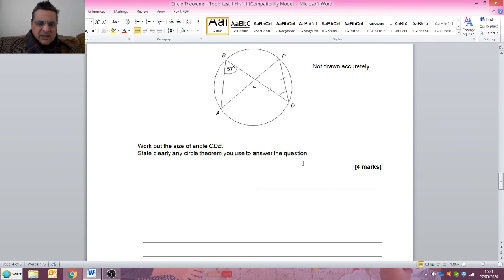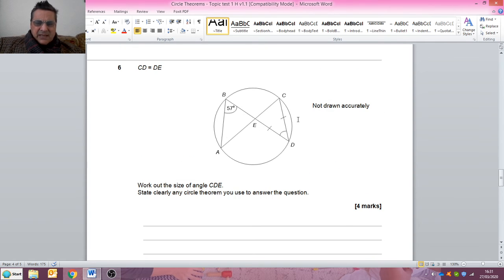What about this one? CDE. They want that, do they? Oh, okay. Well, ABE is 57. So guess what? ACD is also 57. Why? Angles in the same segment are identical. If that's 57, that's 57. But hey, look, we have an isosceles triangle.